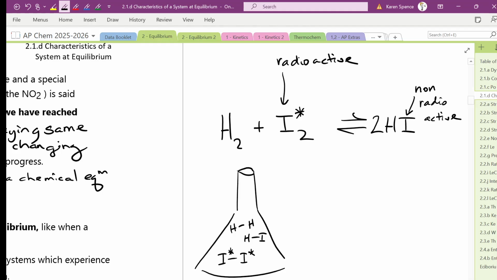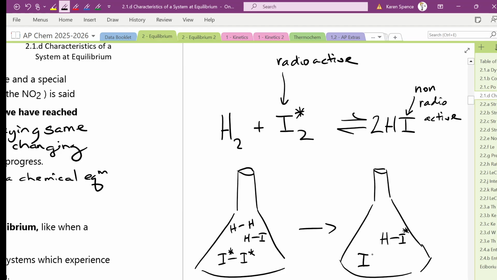Now, over time, you would end up with some of the HI having radioactive iodine in it, because the I2 would undergo the reaction with H2 to form HI with radioactive iodine. And some of the regular iodine would then become part of the I2. Does that make sense?